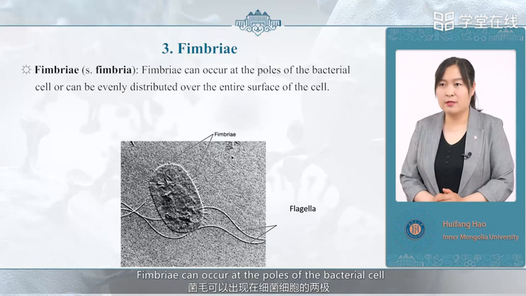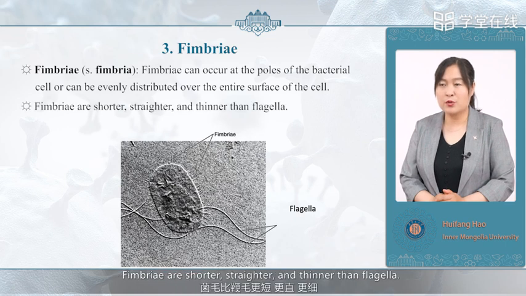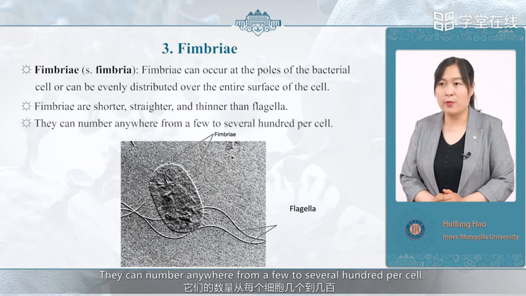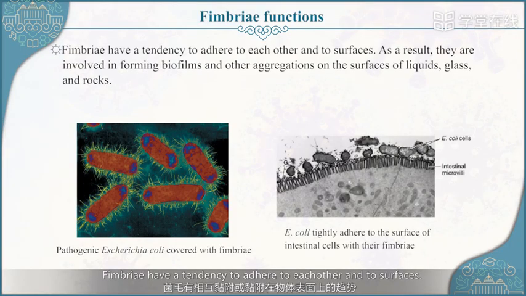Fimbriae can occur at the poles of the bacterial cell or can be evenly distributed over the entire surface of the cell. Fimbriae are shorter, straighter, and thinner than flagella. They can number anywhere from a few to several hundred per cell. Fimbriae have a tendency to adhere to each other and to surfaces.